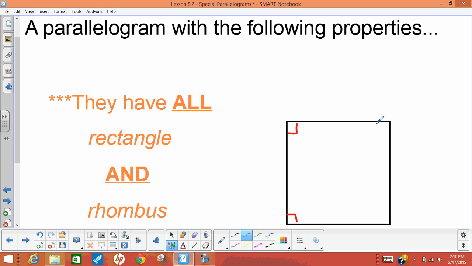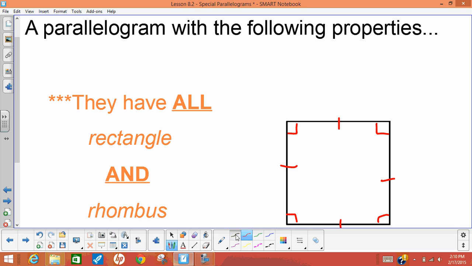It also has all the properties of a rhombus, so all four sides are congruent. Also, the diagonals are perpendicular to each other, and the diagonals also bisect the angles.